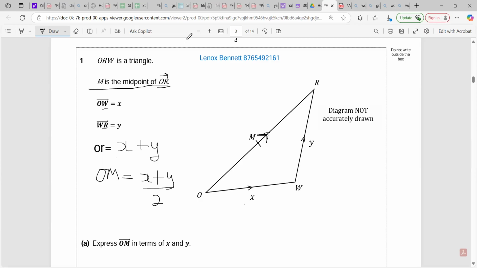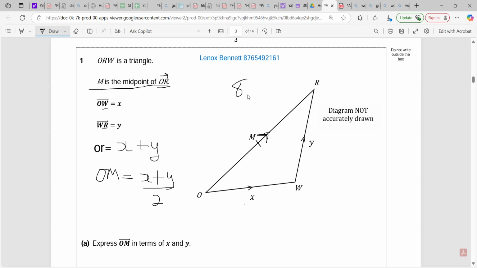Hold on there, guys. Give me a second. Why did you divide by 2, sir? Because OM is a half of OR. If you know what OR is, I could put numbers on it. Let's say OR was 8, because remember, these represent the length.